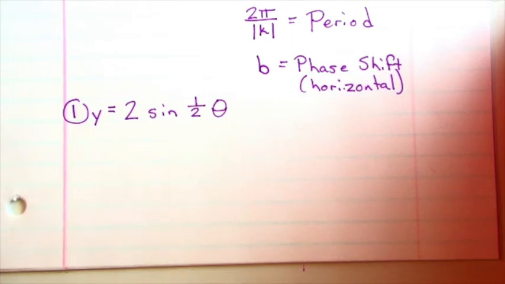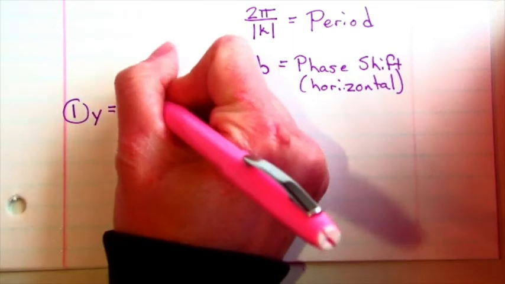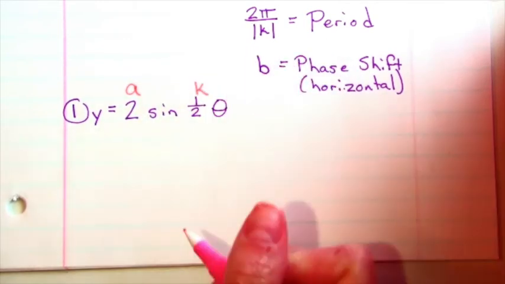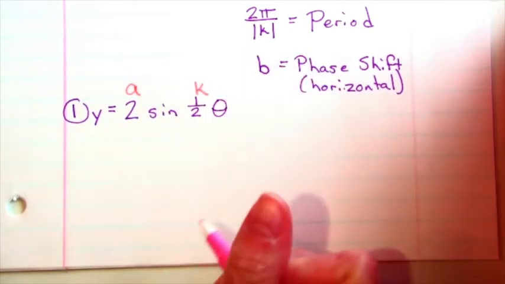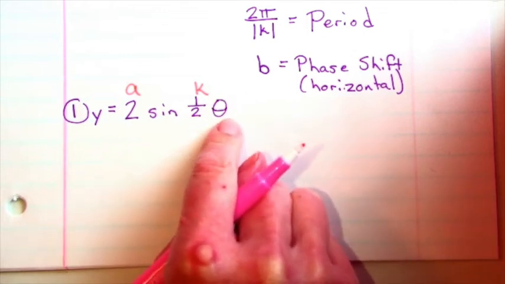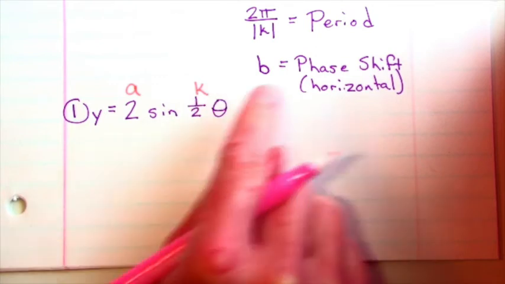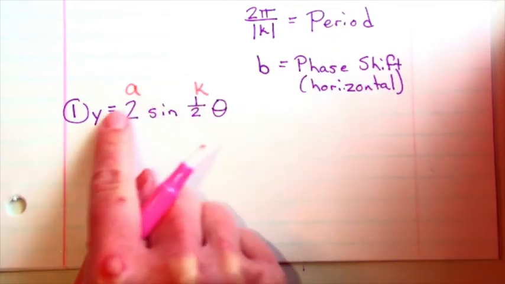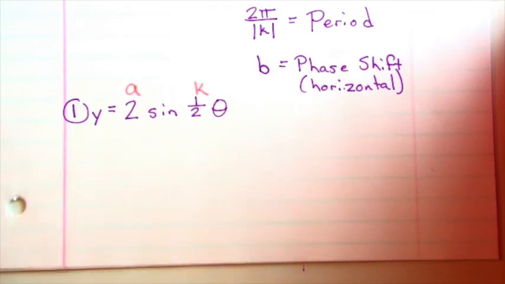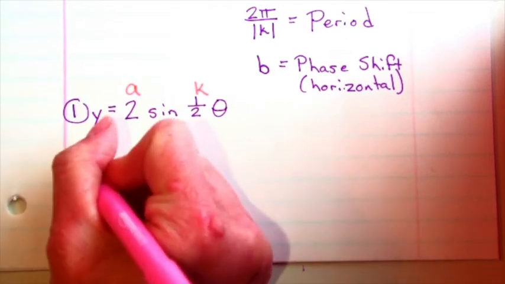So this is the A value, and this is the K value. There's no B in this one, so there's nothing added or subtracted onto that theta. So we just have an A and a K. So the amplitude for this one, remember absolute value just means the positive value. So amplitude is going to be 2.